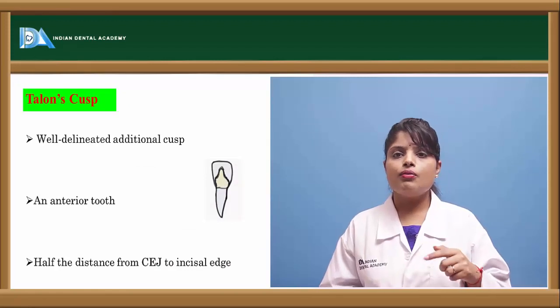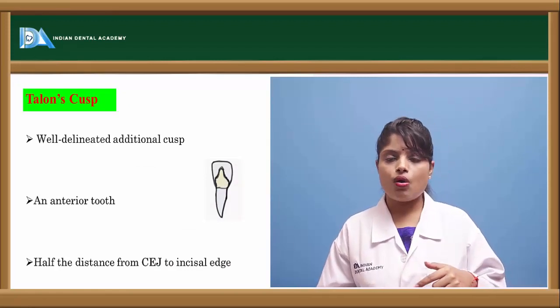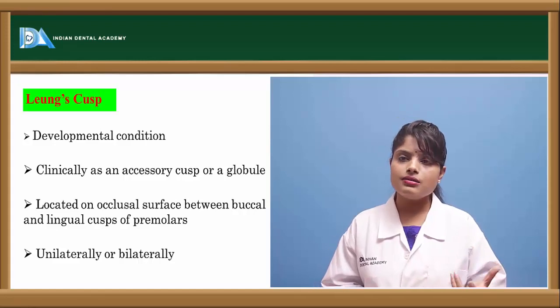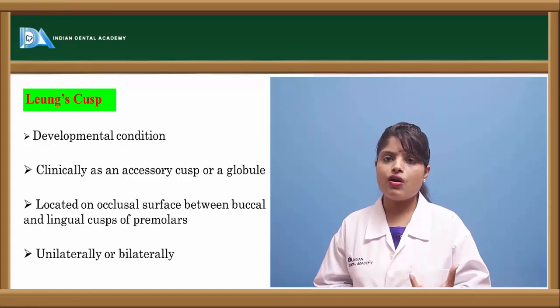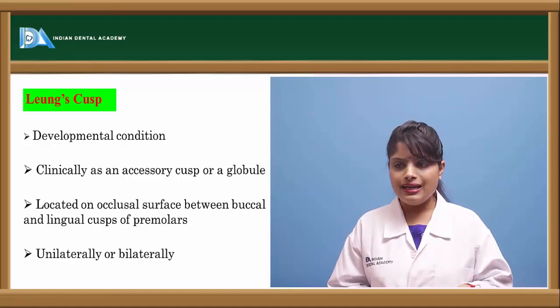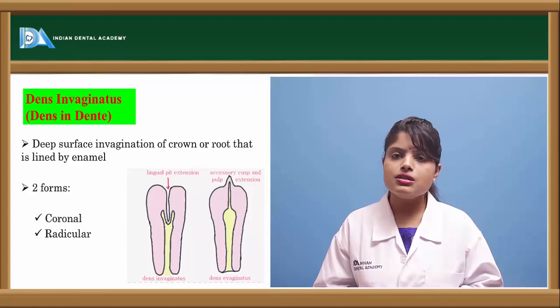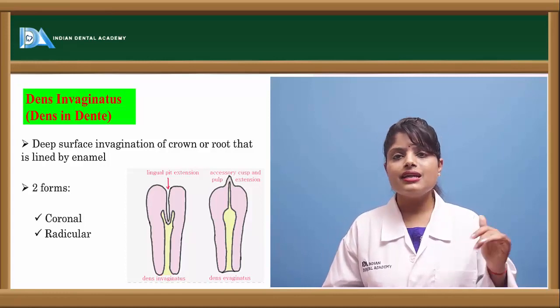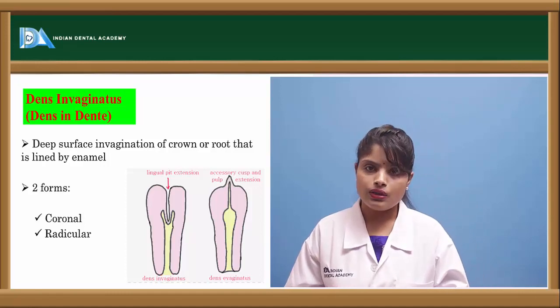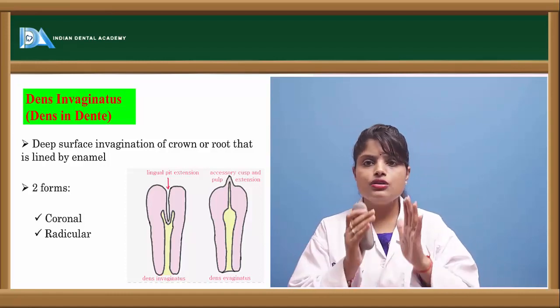There will be a protuberance in the cingulum region of the tooth and it is known as the Talon's cusp. Now, what is a Leong's cusp? The Leong's cusp is generally found in premolars between the buccal and the lingual cusp as a tiny protuberance on the occlusal surface. Then comes the dens invaginatus, that is invagination in the surface of the crown. There is an invagination of the enamel into the dentine.